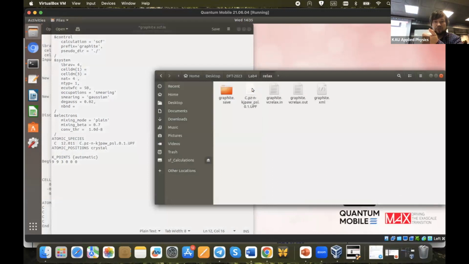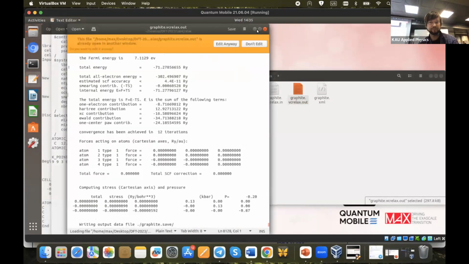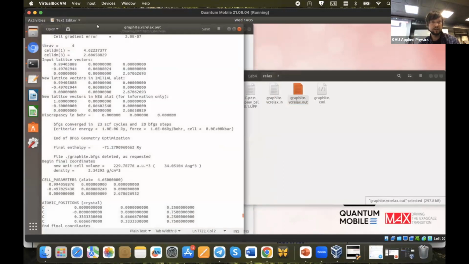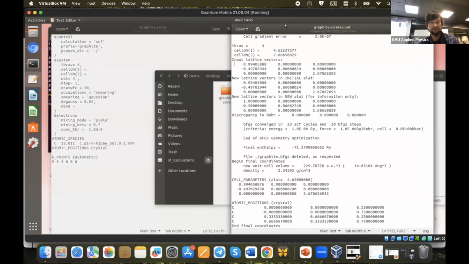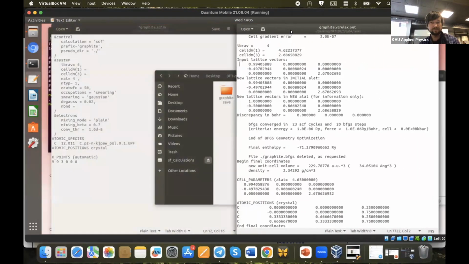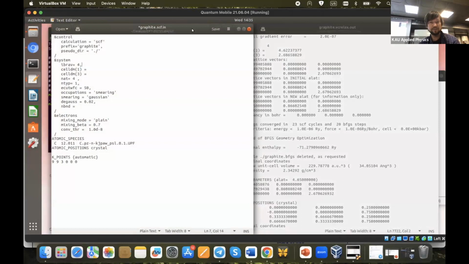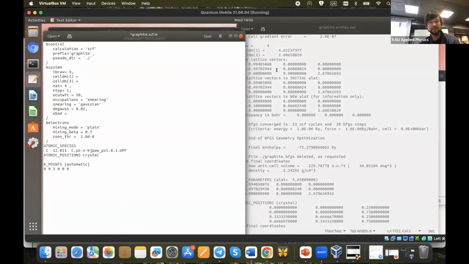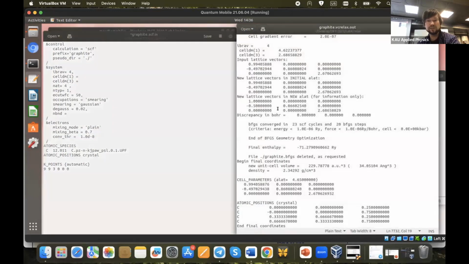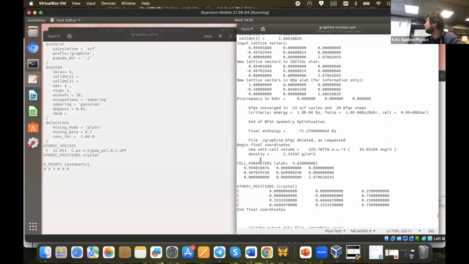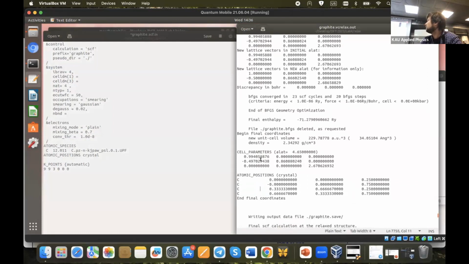I also open this output. Here it is. I go to the phrase with final coordinates. Here's begin final coordinates. It's before the last SCF cycle. So it means that we get a new structure with these parameters, and then we make yet another SCF cycle just to get some energy.